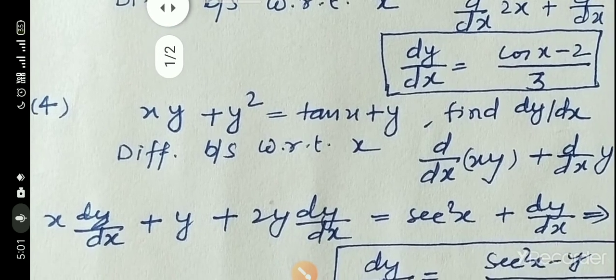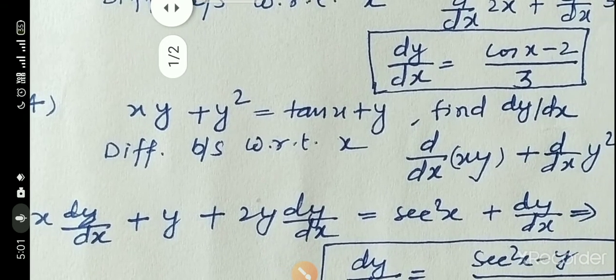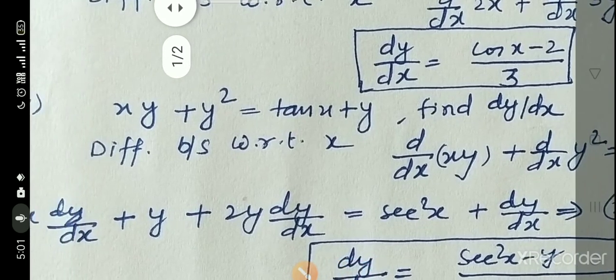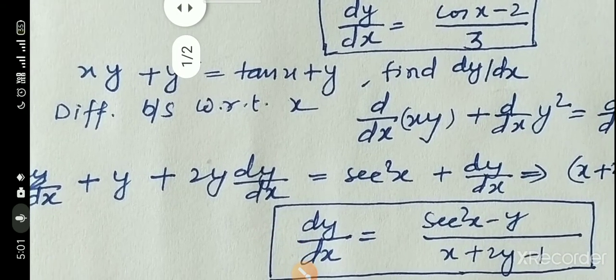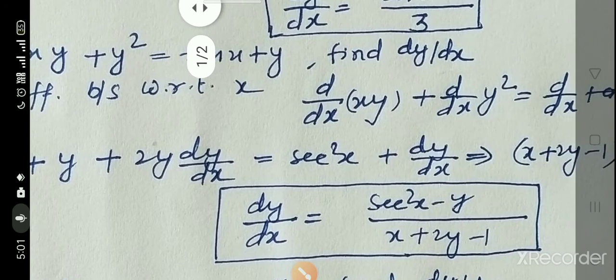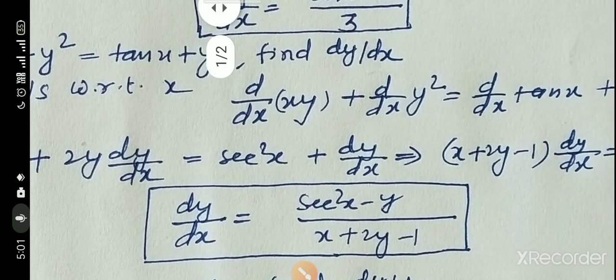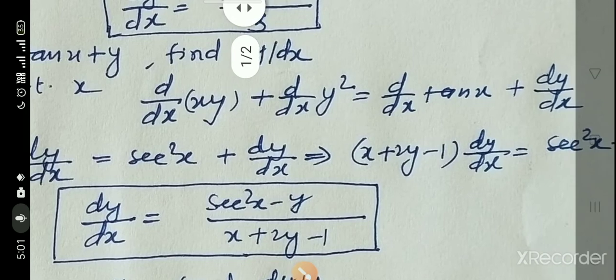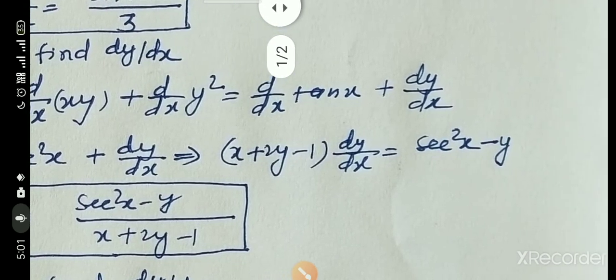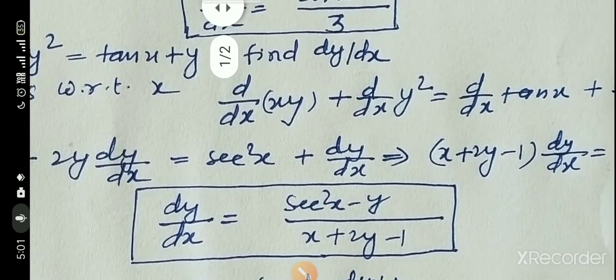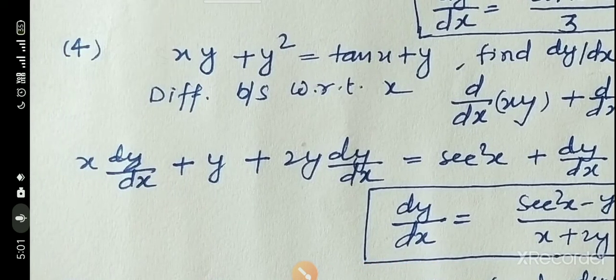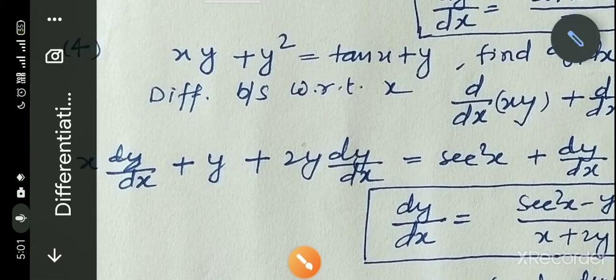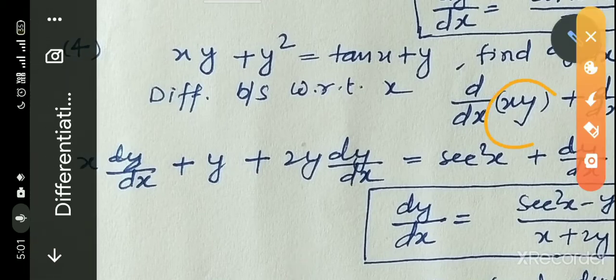xy plus y squared is equal to tan x plus y. Find dy by dx. Differentiating both sides with respect to x. Now d/dx of xy plus d/dx of y squared is equal to d/dx of tan x plus d/dx of y. x into y means we need to use the u into v method.